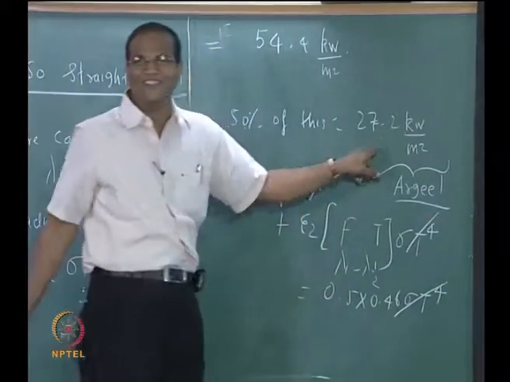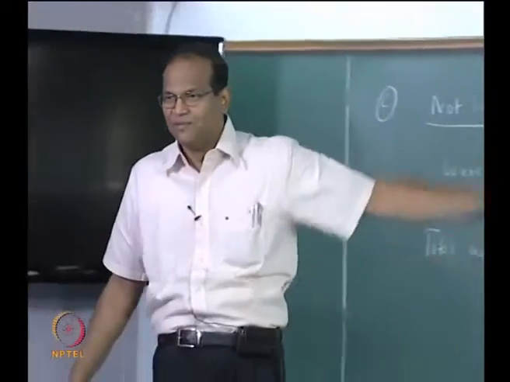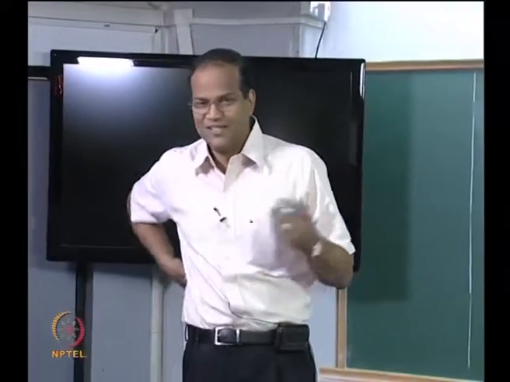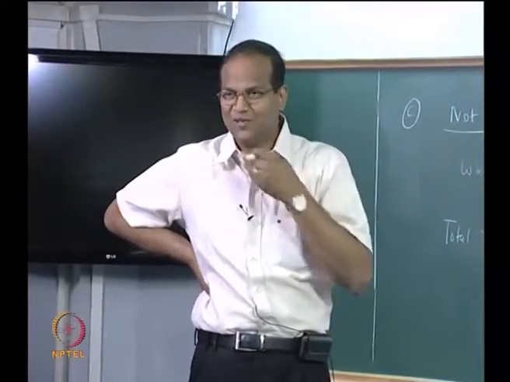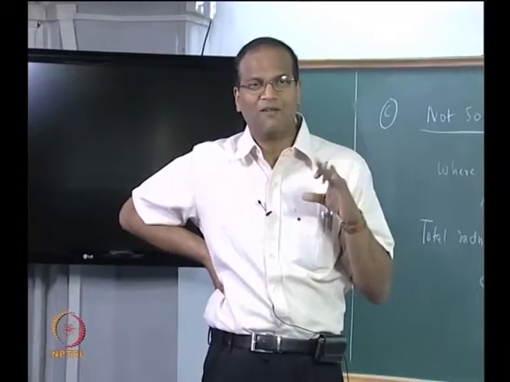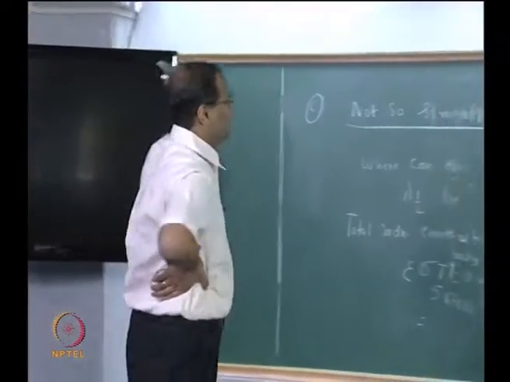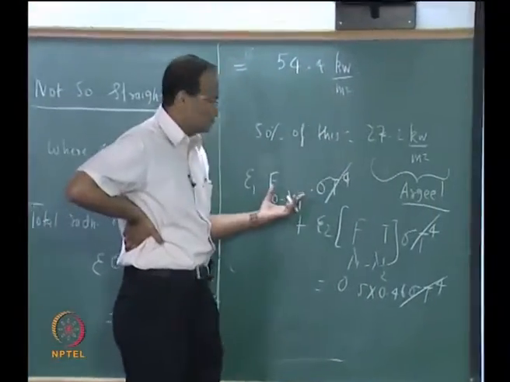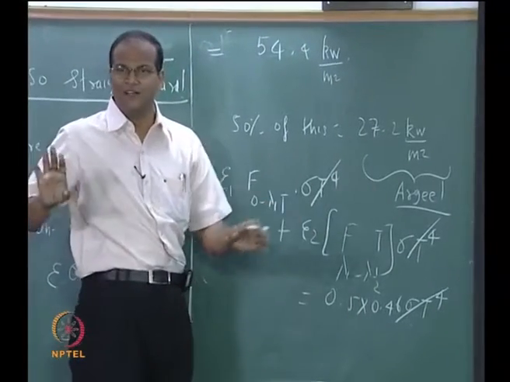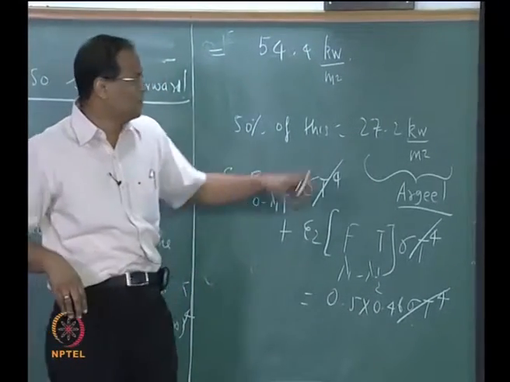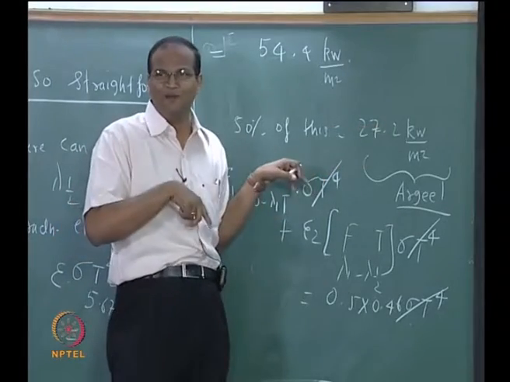I am not going to use this 27.2. If some people want to be clinically perfect, keep this 27.2, multiply each of these terms by sigma T to the power of 4 and proceed. It will give the same answer. But the danger there is that when you do sigma T to the power of 4, you may make more mistakes.